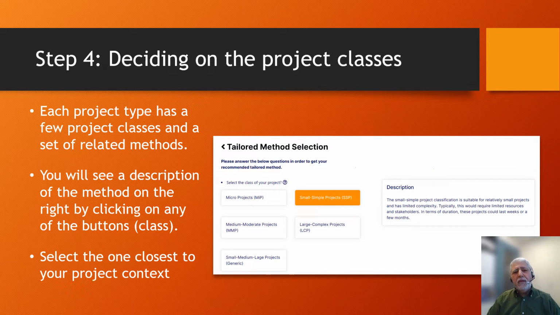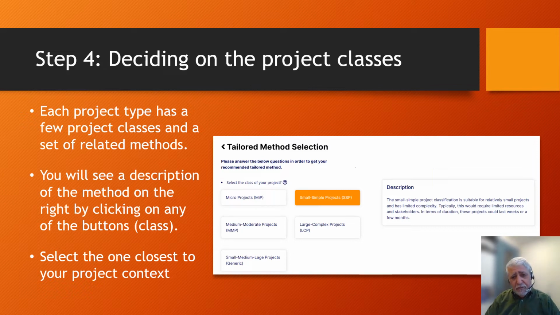Step 4, once you decide on a type of project, for example, we decided on capital intensive, we decided on oil and gas, is selecting a project class.